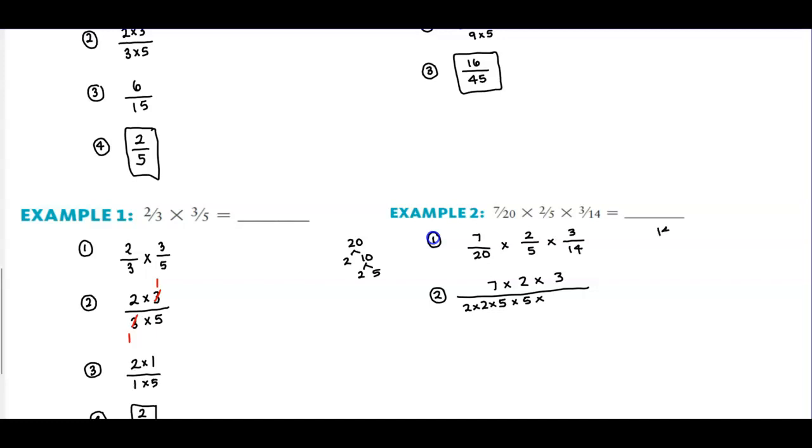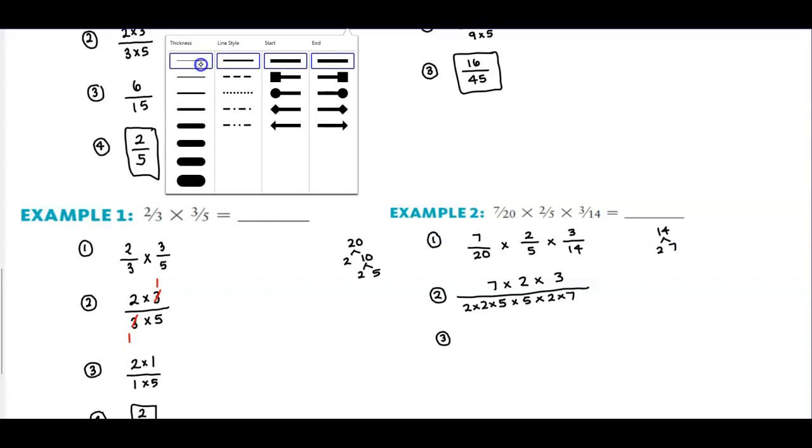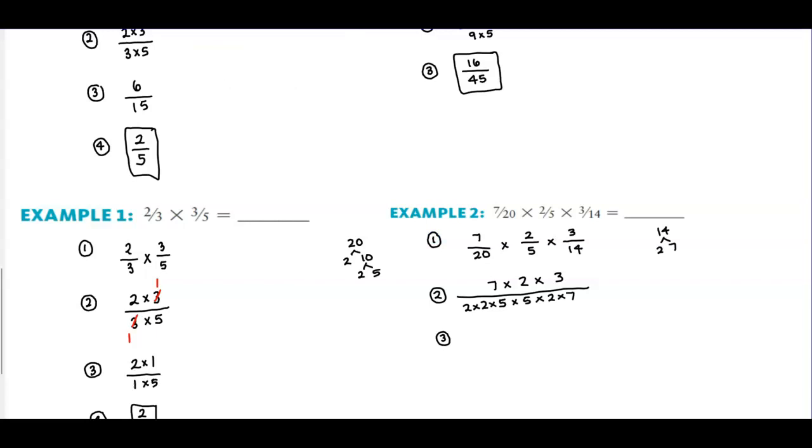Times, what's the prime factorization for 14? Well, that's 2 times 7. So that's times 2 times 7. Now what we want to do is we want to simplify everything that we can simplify to 1. So we know that we can get this 2 and that 2. And we know that this 7 and that 7.